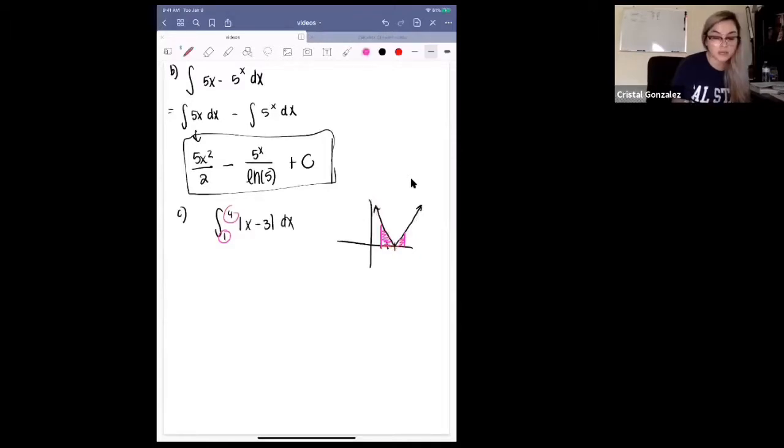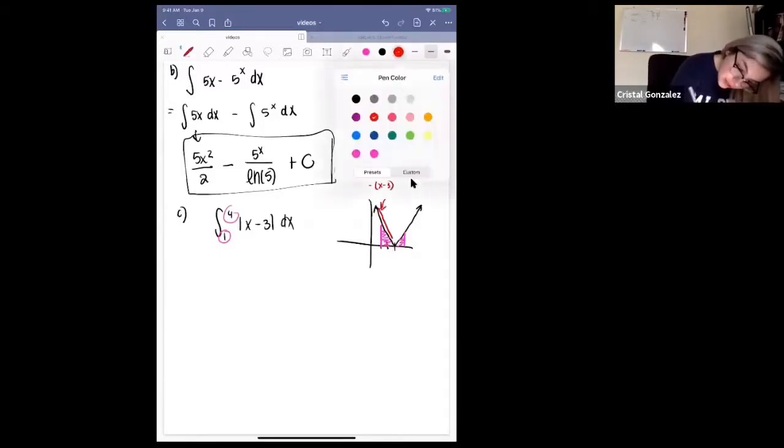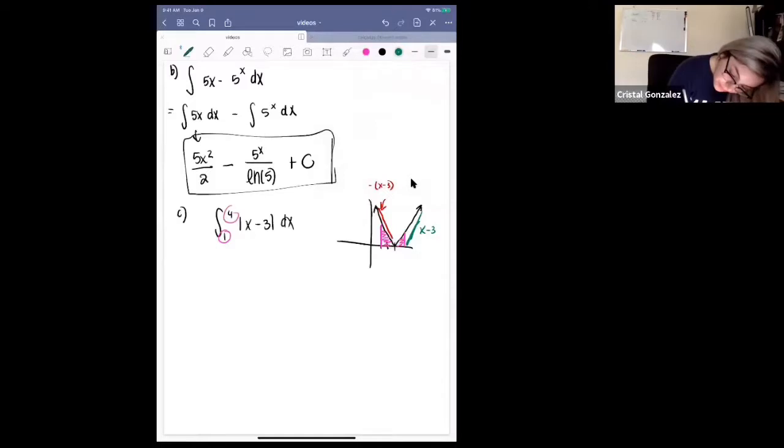Let me get a different color. So this one over here is negative x minus 3, and this one over here is positive x minus 3. And so this part here is from 1 to 3, and this one's from 3 to 4.